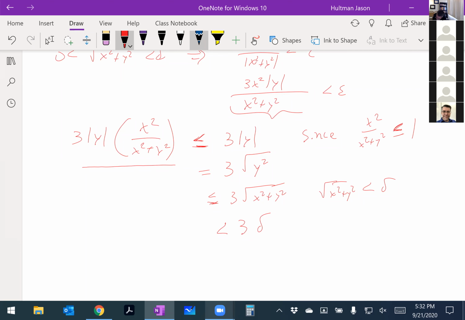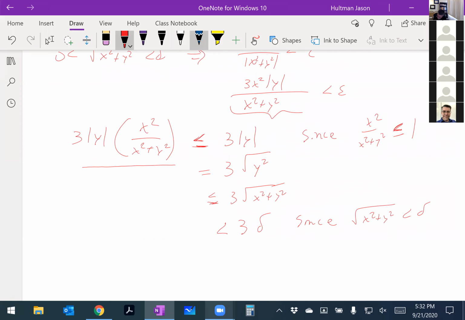And then this is less than this thing, which is then less than 3 delta, since the square root of x squared plus y squared is less than delta.